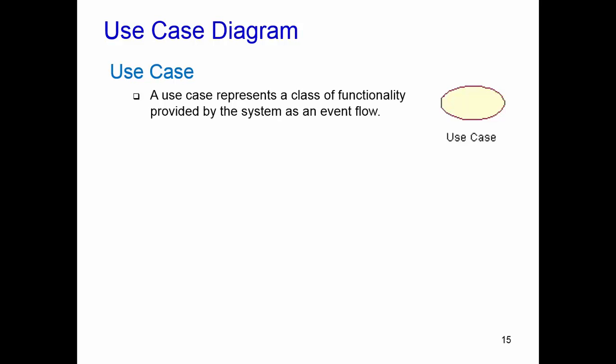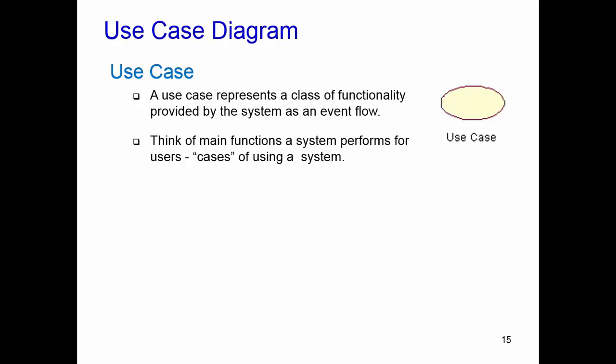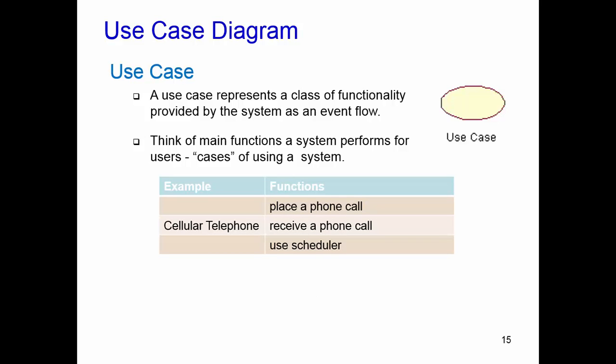A use case represents a class of functionality provided by the system as an event flow. Think of the main functions a system performs for users, like cases of using a system. For example, if you look at the cell phone, you have the following functions: place a phone call, receive a phone call, use the scheduler or the calendar.